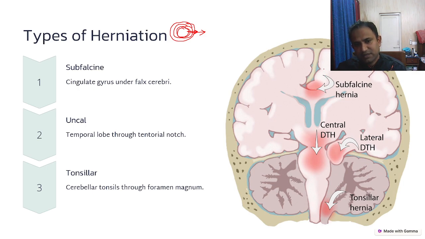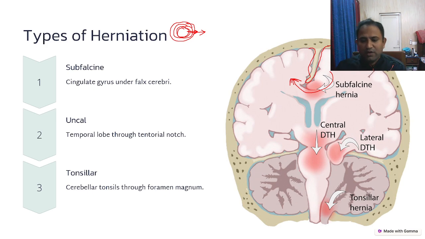There are various types of herniation, which is what we call the displacement of the brain matter from its original location. If you remember, this is the falx cerebri. Any herniation that takes place from one side of the cerebrum to the other side in the subfalcine region will be called subfalcine herniation.